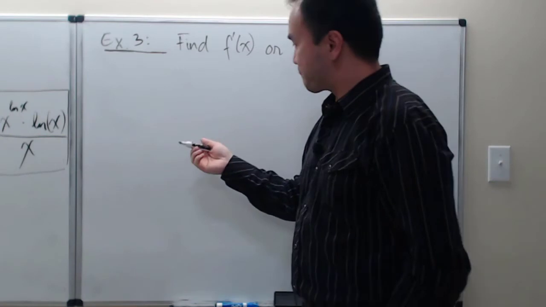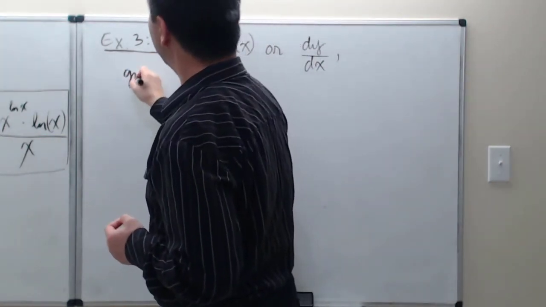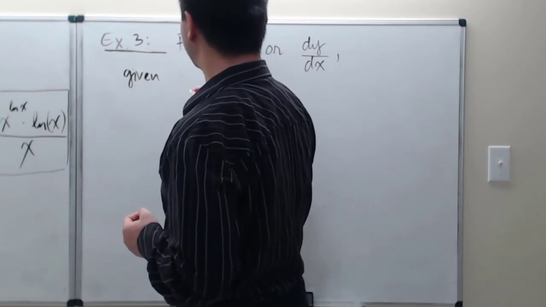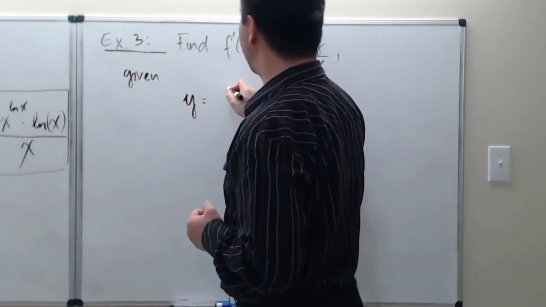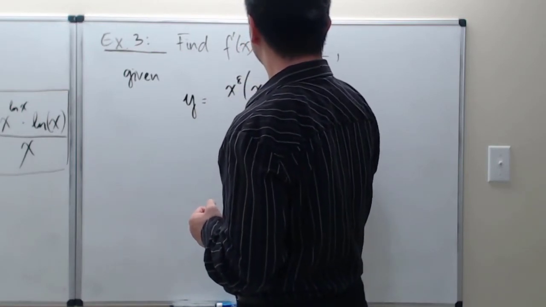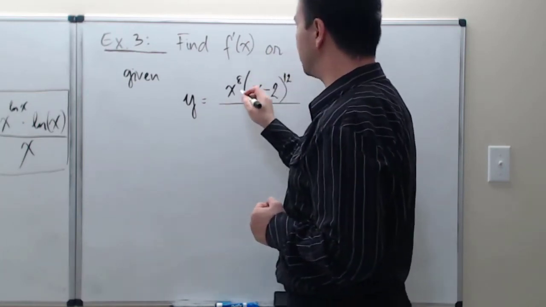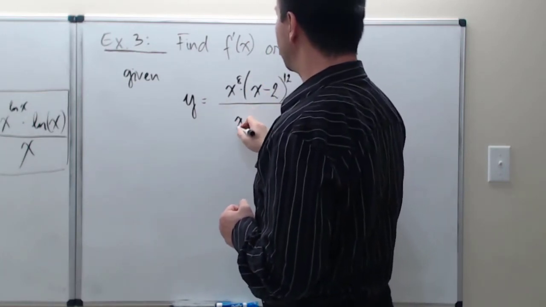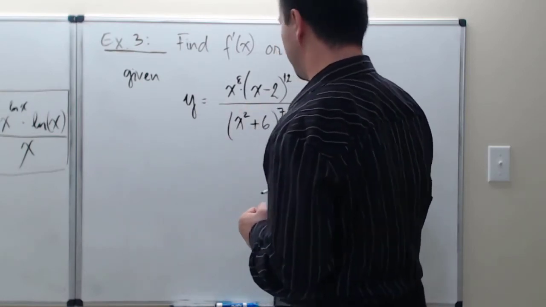Our function here, we want to find dy dx, and given that y is equal to x to the 8th times x minus 2 to the 12th power, divided by x squared plus 6 to the 7th power, for example.